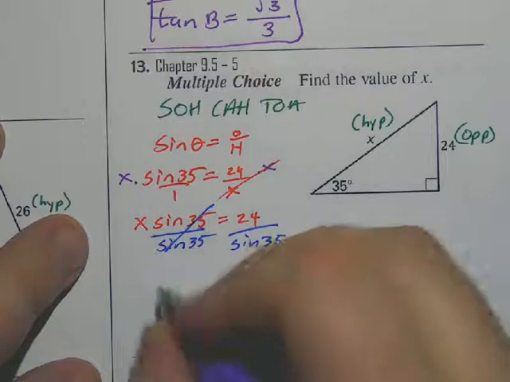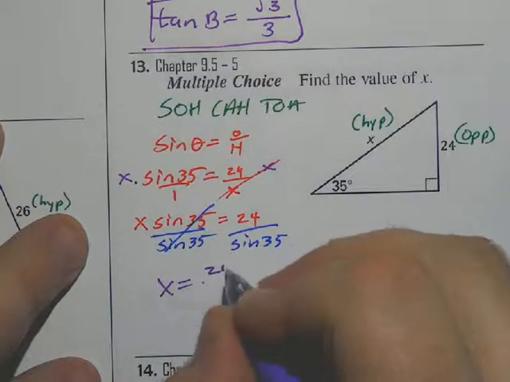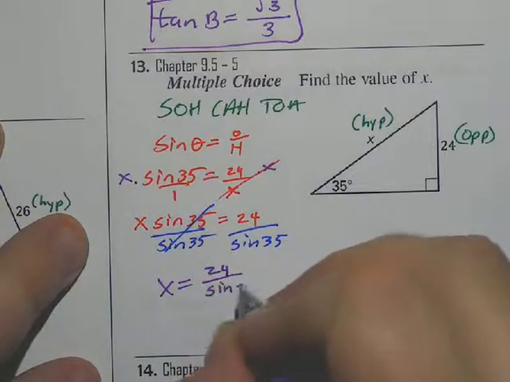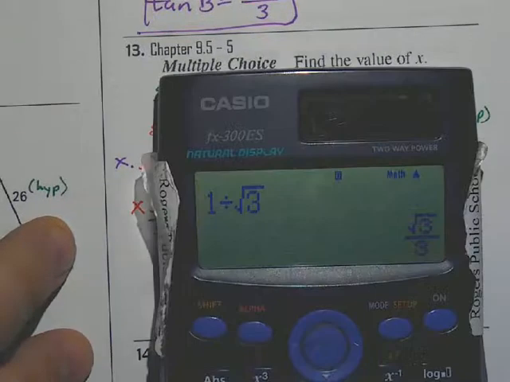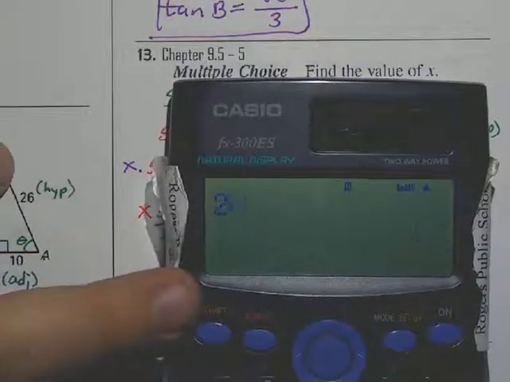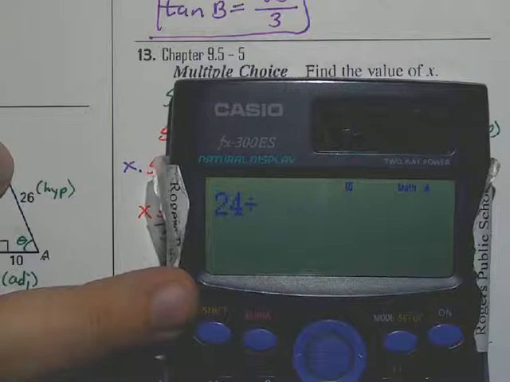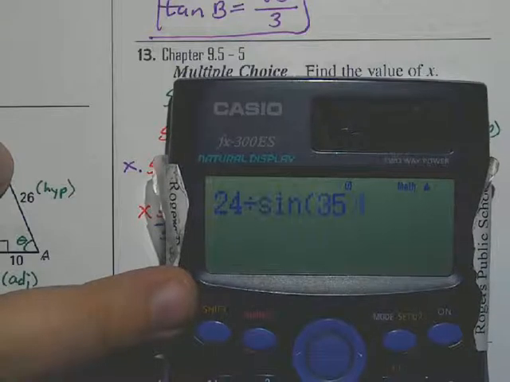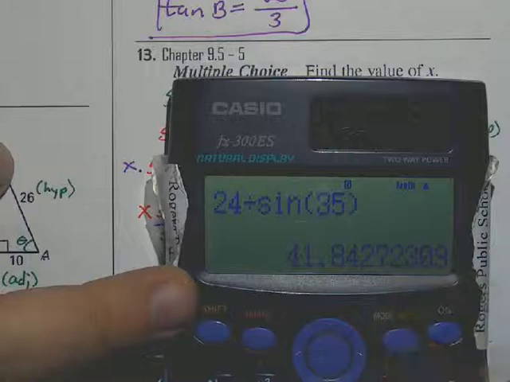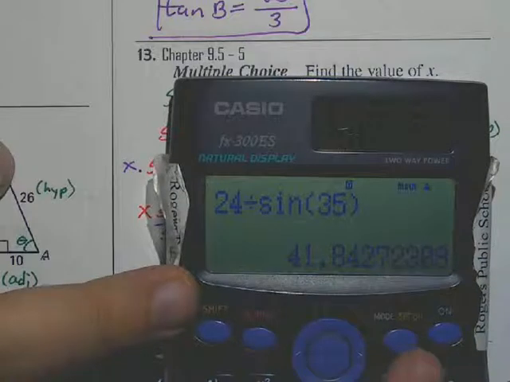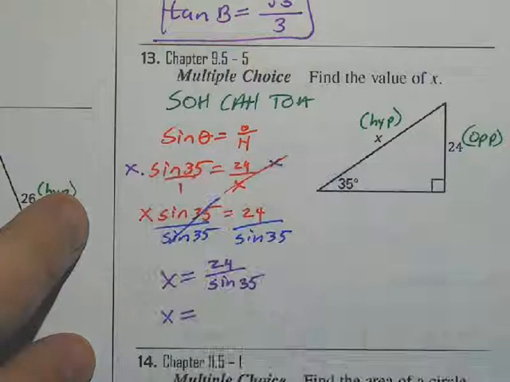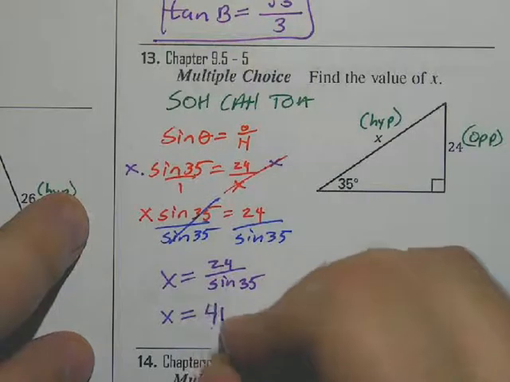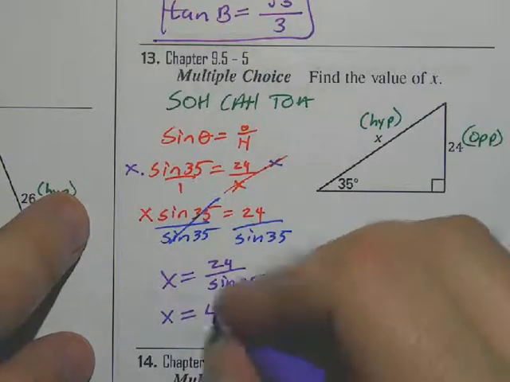And I'm going to get x equals 24 over sine 35. And I'm going to have to put that in my calculator because that's not an easy one that I can do. So 24 divided by sine 35. And you can put that in a fraction or you can put division. And I'm going to get 41.8. It doesn't tell me what to round that to, so I'm just going to put 41.8. It will be multiple choice, so you'll be able to pick whichever one is closest.